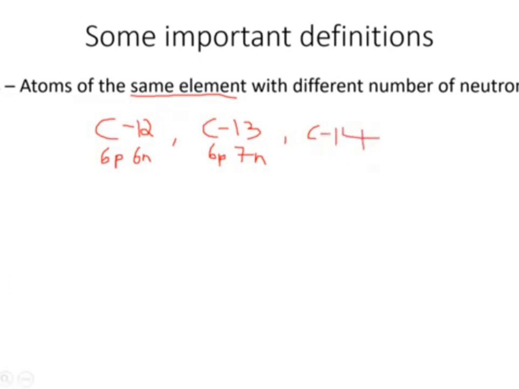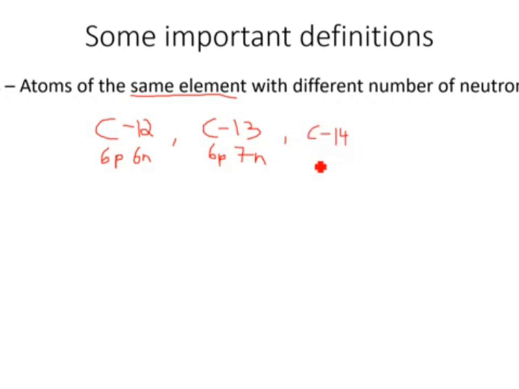Carbon 12 is the most abundant, carbon 13 is less abundant, and carbon 14 is very much less abundant. It is radioactive in nature, and it undergoes radioactive decay after you've died.